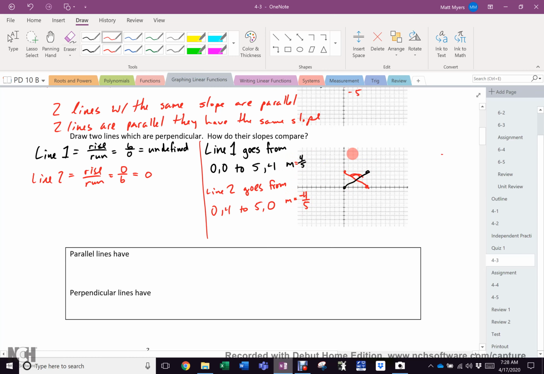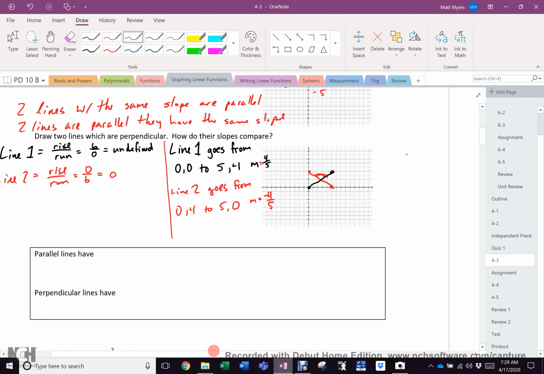So let's change this slightly. Let's move down to this corner. And I'll use 2 different colors. Line 1 goes from 0, 0, okay, to 5, negative 4. So we're going to go from 0, 0 out to 5, but we're going to go 1, 2, 3, 4, right?